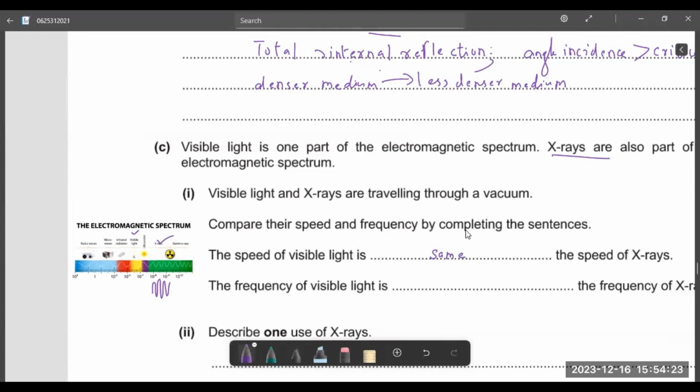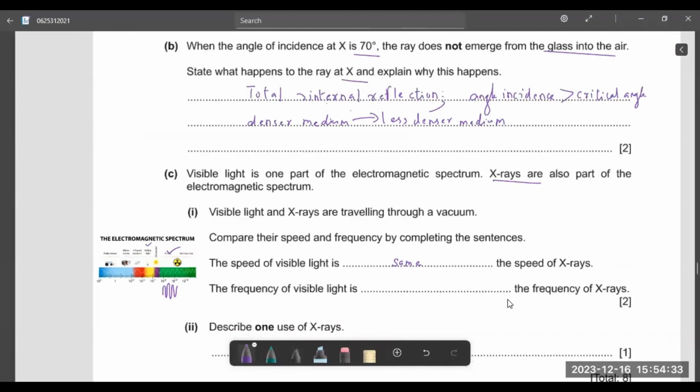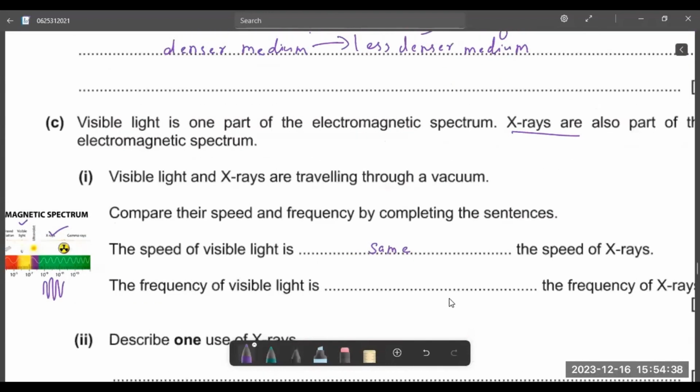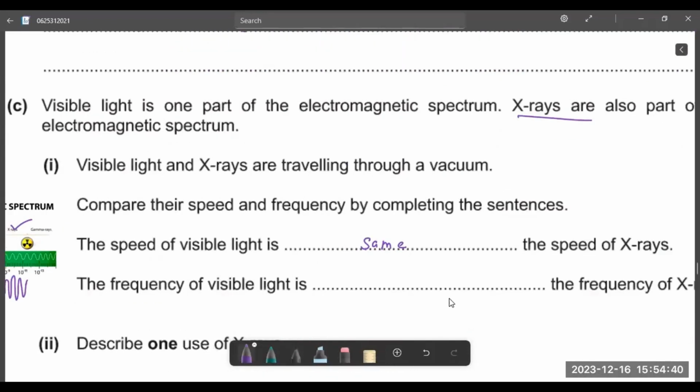Speed will be the same because all waves in this electromagnetic spectrum have the same speed. And the frequency is varying. The frequency of visible light is smaller than the frequency of X-rays.